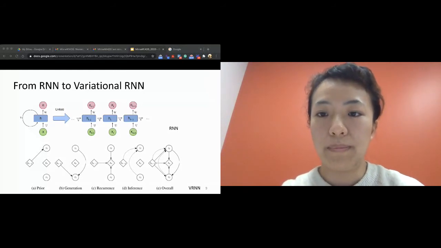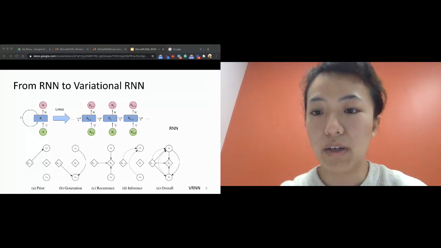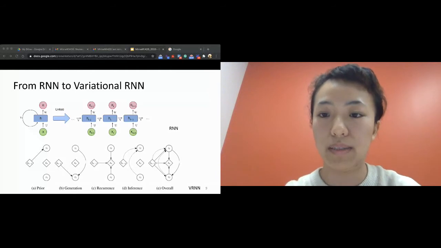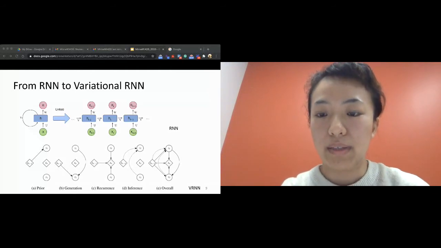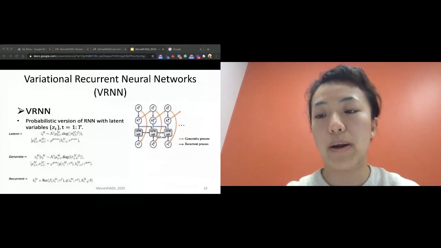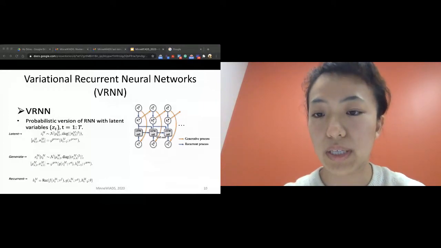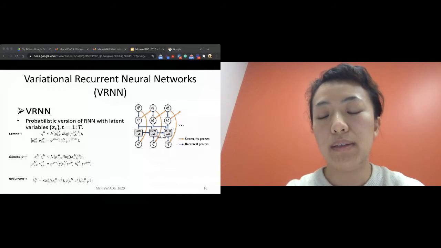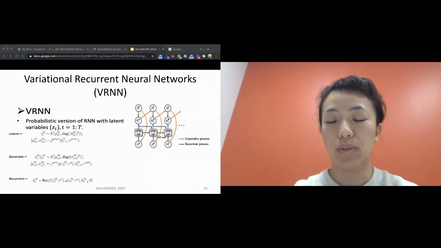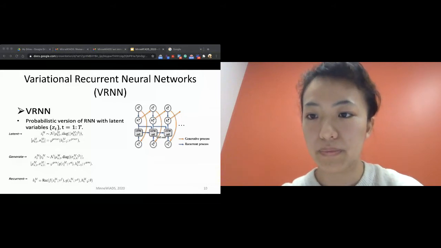In a more mathematical representation, Z and X are all sampled from a normal distribution, just to keep things simple, and the mean and sigma are parameterized by a neural network, depending on the variables I previously mentioned.